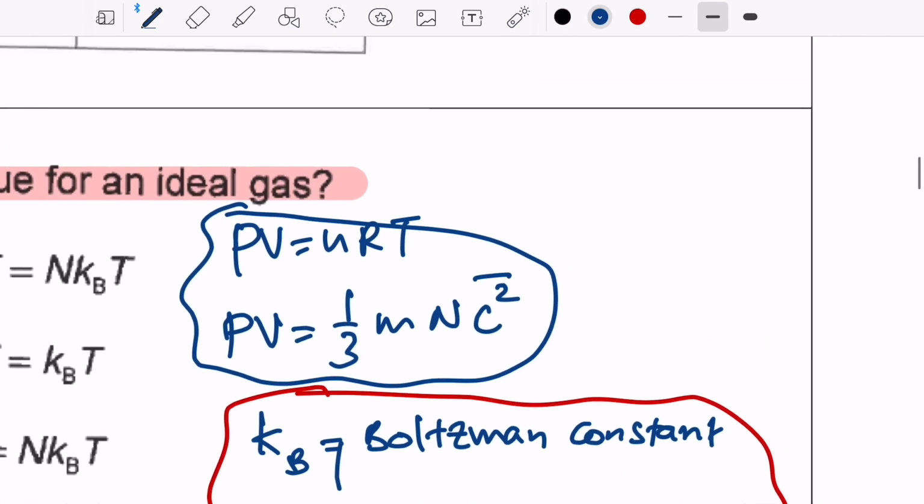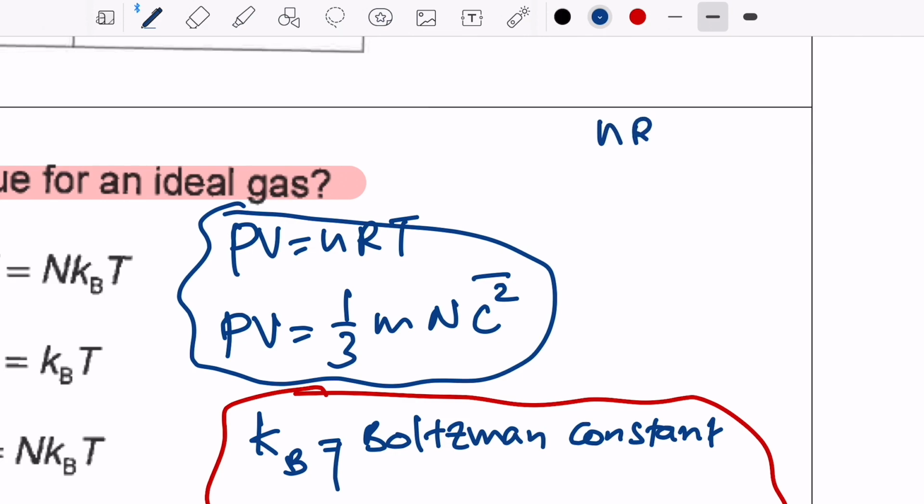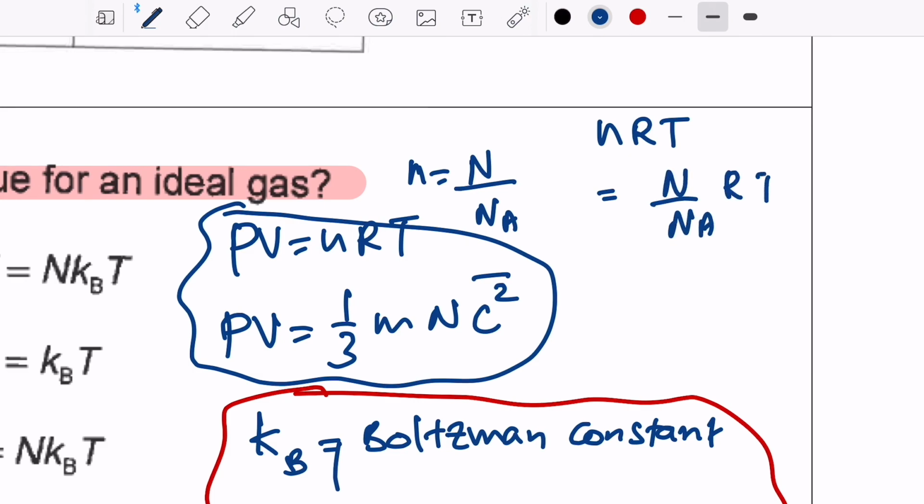So let's think about it. nRT. Now we know the number of moles is the number of molecules divided by the Avogadro number, right? So I start, nRT means N over Na times R times T. N R over Na times T. The idea is whether you know what this constant is.